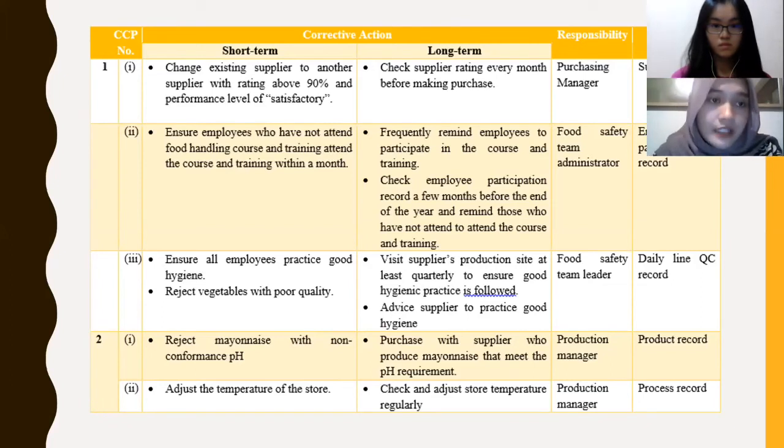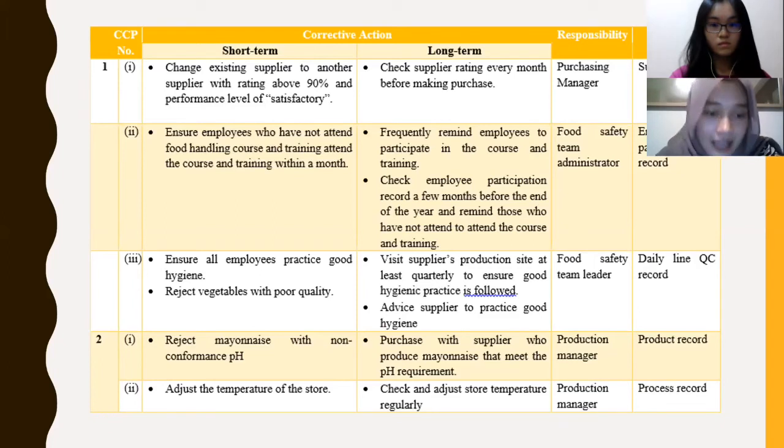For the number 2 CCP, first is reject mayonnaise with non-conformance pH. For the long term, purchase from a supplier who produces mayonnaise that meets the pH requirement. The person responsible is the production manager, then keep the record under the product record.